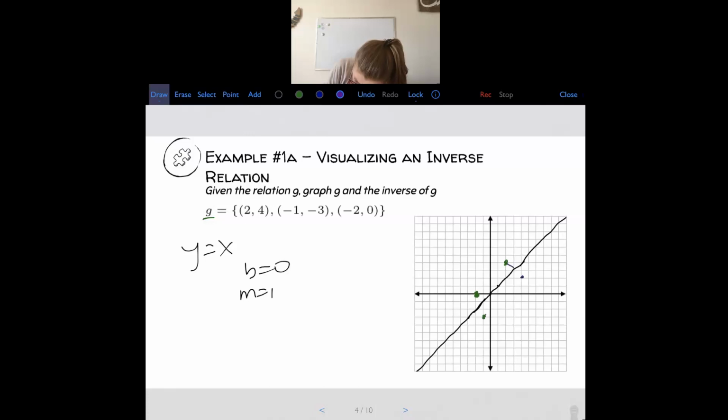It's been reflected across the line y = x. Same thing for (-2, 0), it would end up here. I'm imagining I'm folding this along the line y = x, and the purple is the image on the other side, the corresponding point with the reflection. And my last point, if I reflect (1, -3), it would go here at (-3, 1). So these purple dots represent the inverse of G, the inverse relation of G.